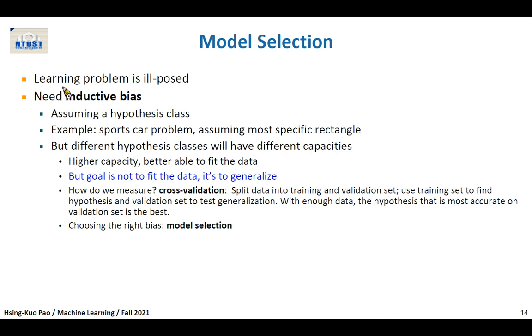Why? Because the learning problem is ill-posed. Given data to model, it is not one-to-one. One-to-one means everything must be deterministic: given the same input, we should always get the same output.